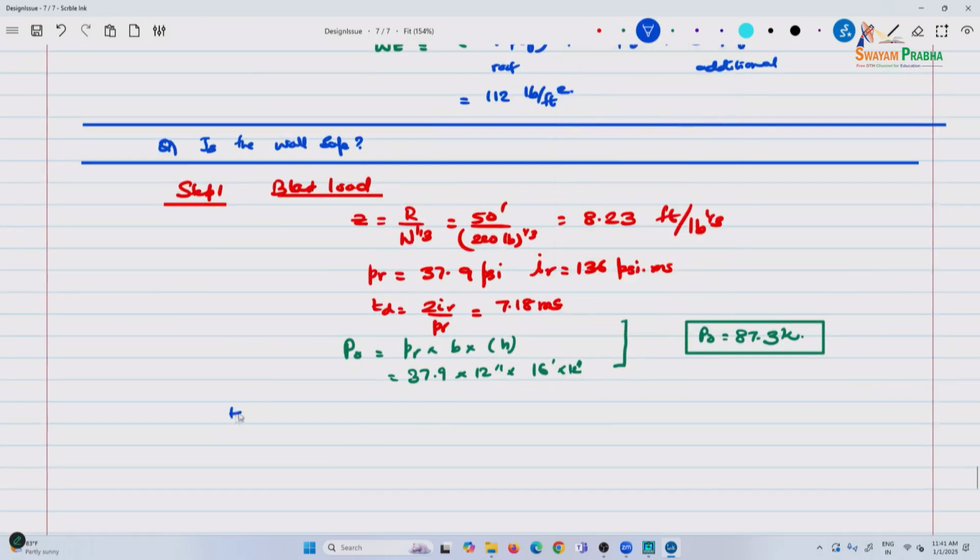Then our next step is our wall section capacity.